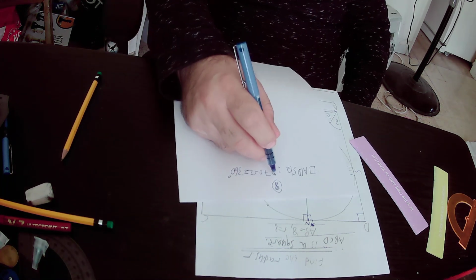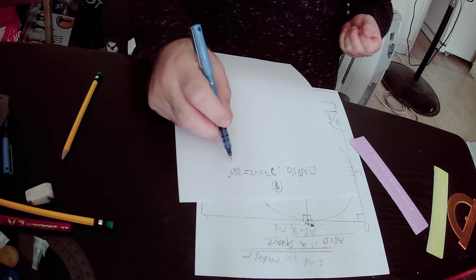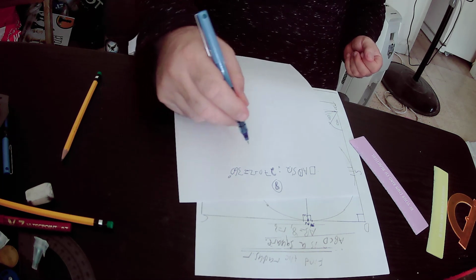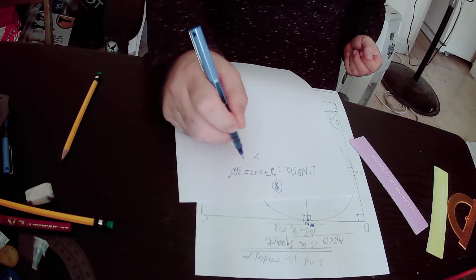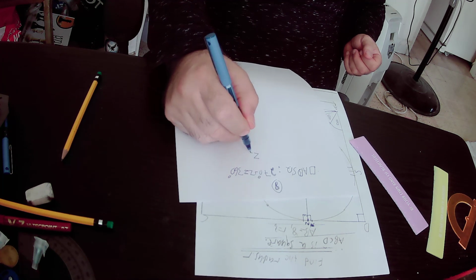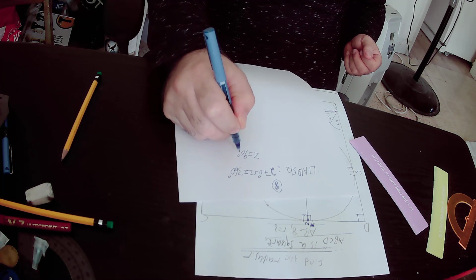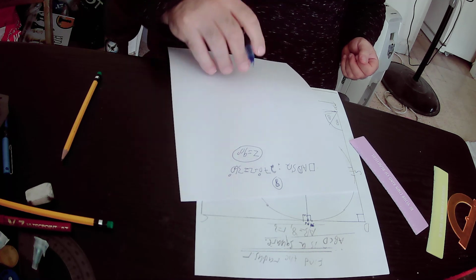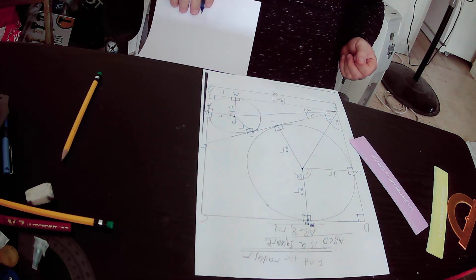So we subtract 270 from 360 and we get that angle Z equals 360 degrees minus 270 degrees, which is 90 degrees. So we found out that angle Z is a right angle, it equals 90 degrees.